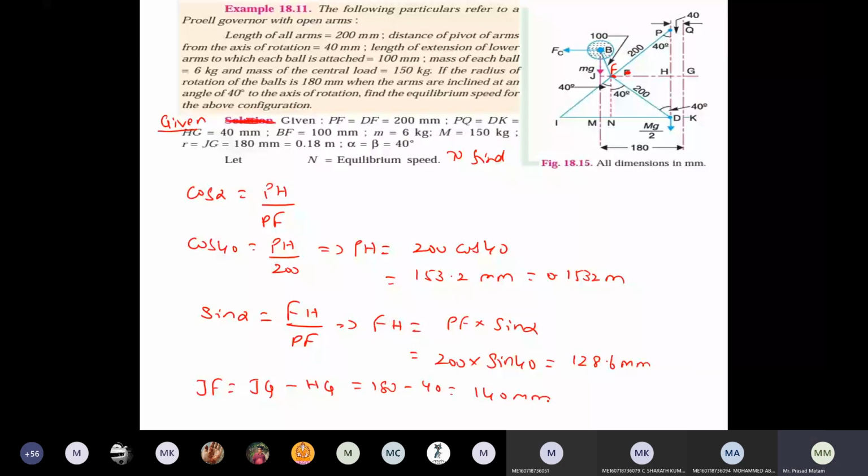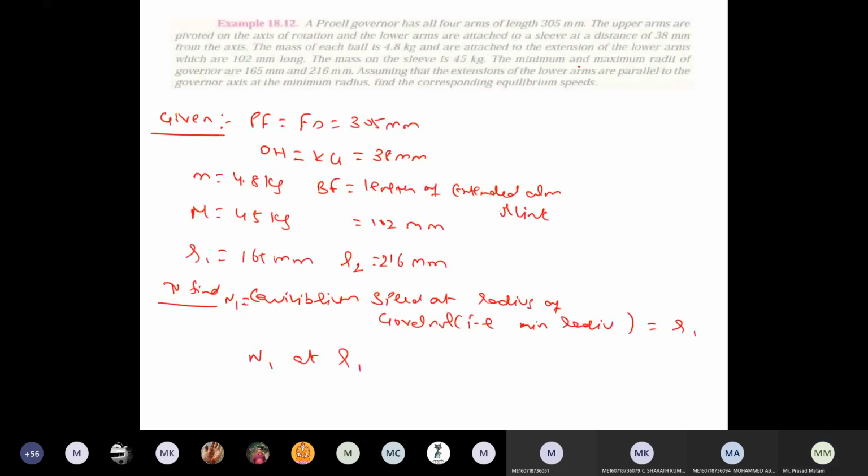And try to find out the BJ value. Try to find B and J, total length. This distance BJ, length of the extended arm BJ. How to find this BJ? I'm using the next slide.